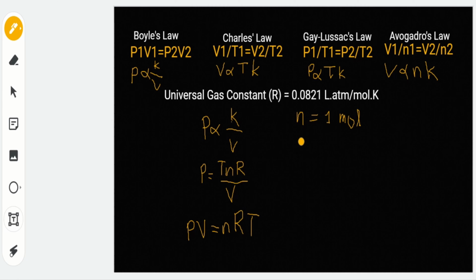And for 1 mole of gas at STP, let's have the temperature. The temperature is equal to 273.15 Kelvin at STP, and of course the pressure is equal to 1 atmosphere.